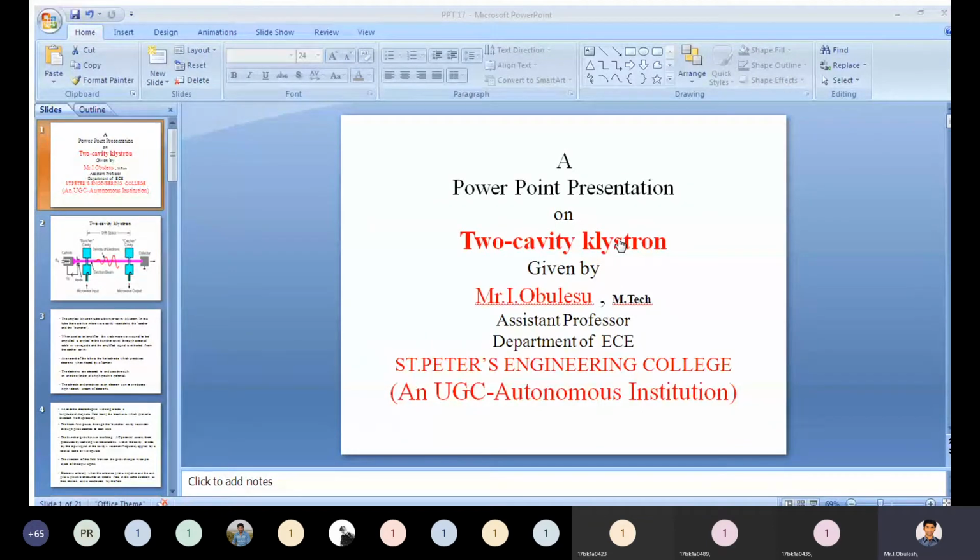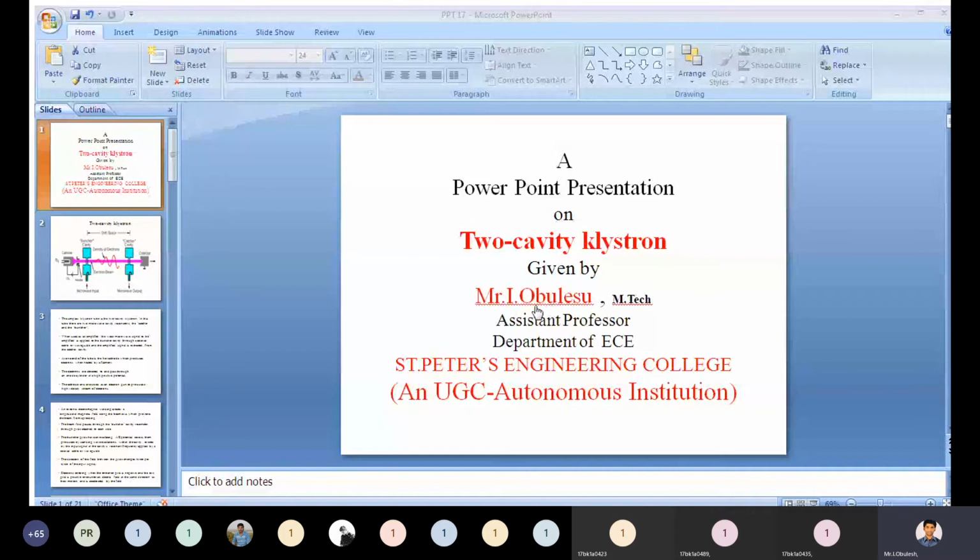The function of the catcher cavity, or the catcher grid, is to absorb energy from the electron beam.